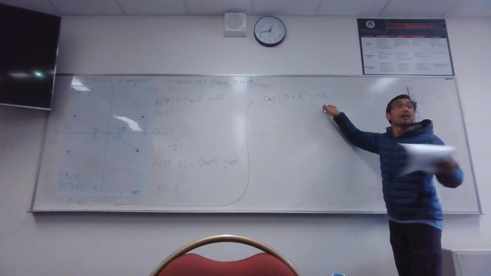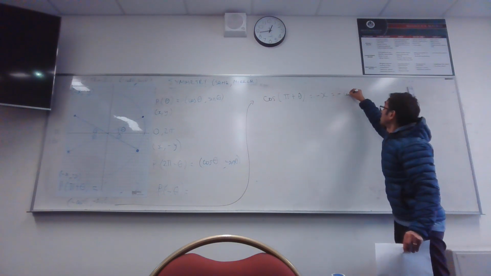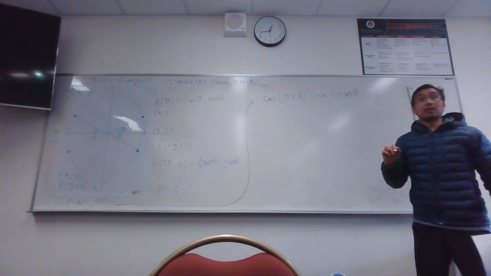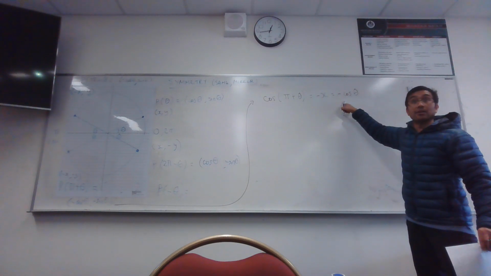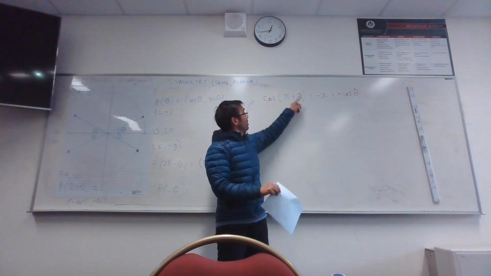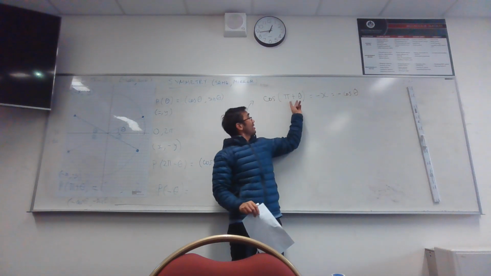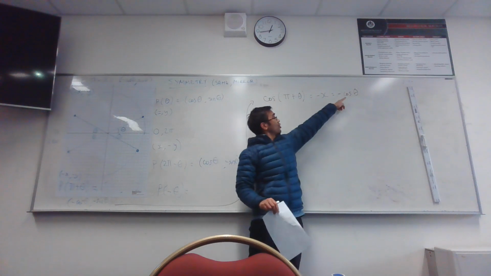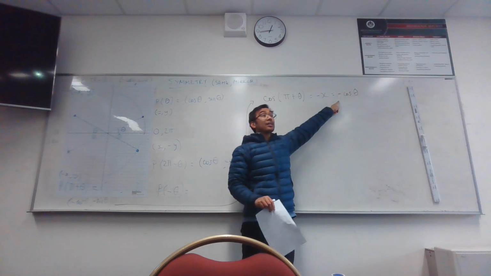Also negative cosine theta. We've gotten back to home base in a way. It's a negative version. If you see the clue pi plus theta, it's a version of cosine theta, but now it's negative.